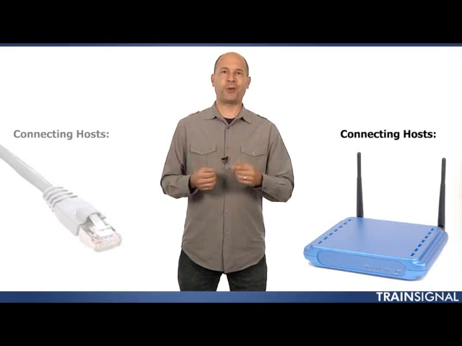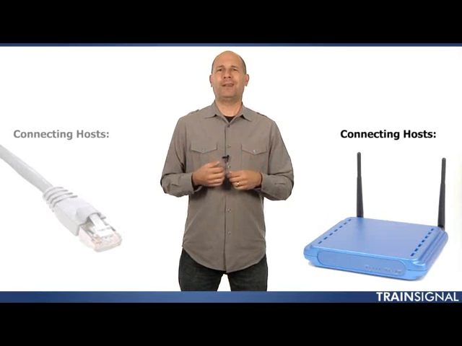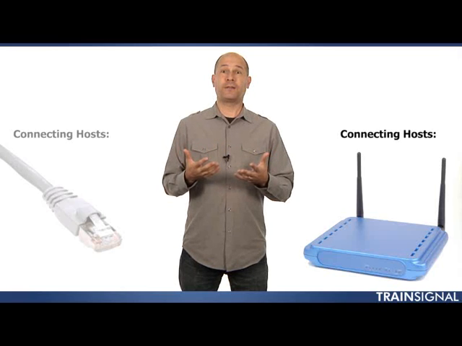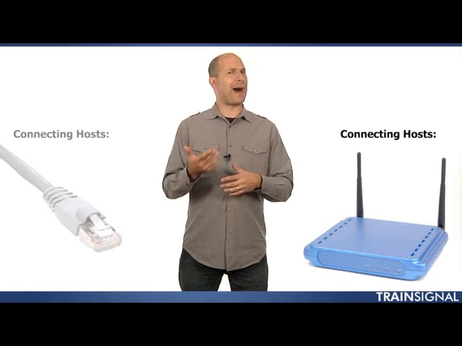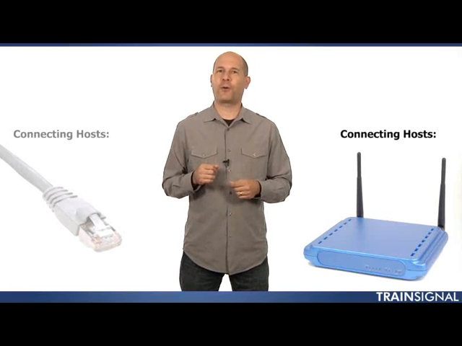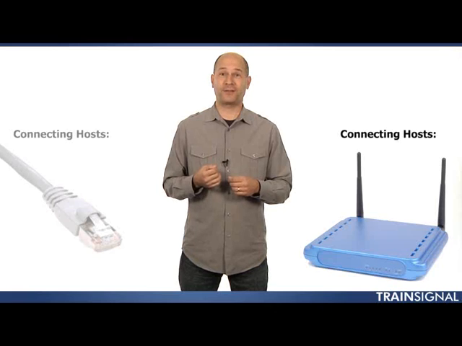Now, just because I'm showing you a picture of a wireless router, it's really not truly showing you that we're using the invisible airways. But notice that it's this box that has a couple of antennas on it. And that's what those antennas are for. It's for sending and receiving data through the airways. All right, so you need to understand that network media can be physical cable, or it could just be the air around us.